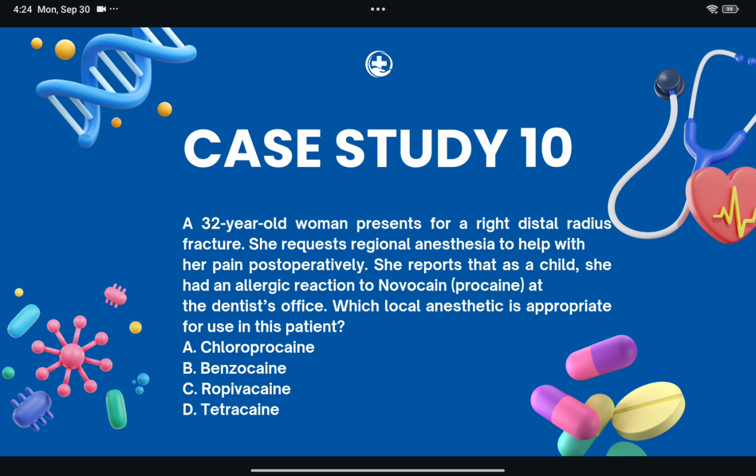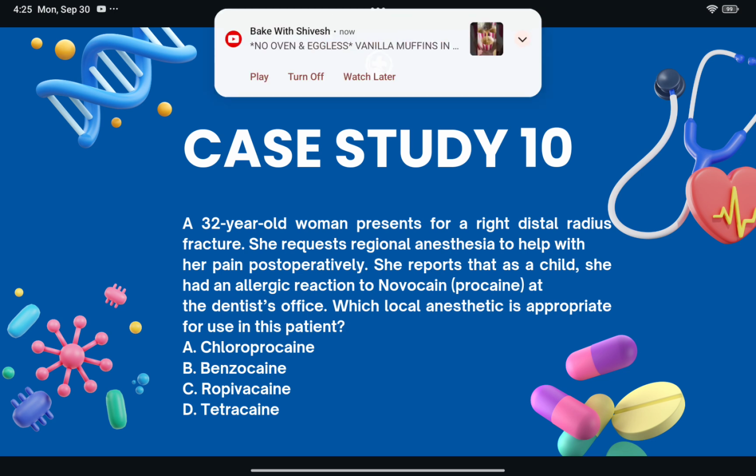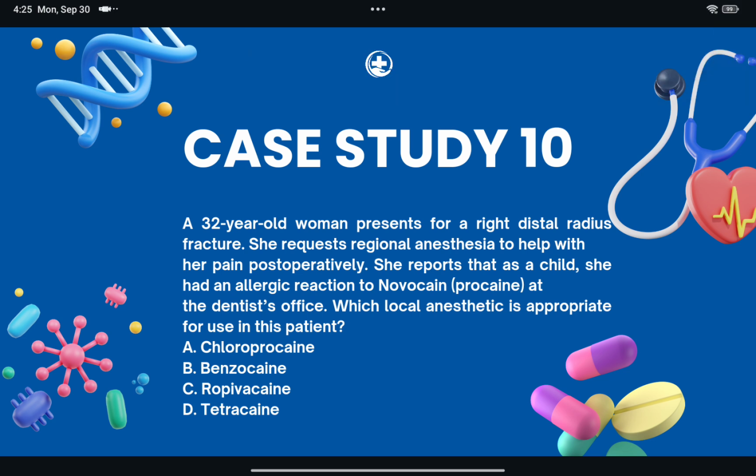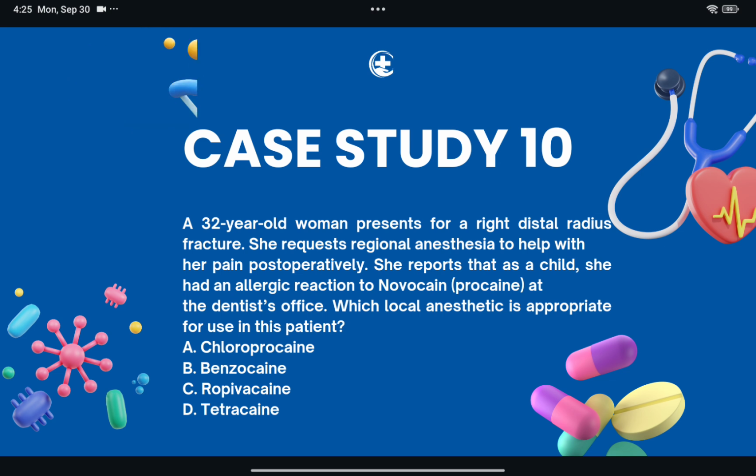Since the patient has an allergy, other ester anesthetics, which are chloroprocaine, tetracaine, and benzocaine, should not be used. Benzocaine is mostly used topically. Ropivacaine is an amide, not an ester, and it is used in regional anesthesia to facilitate peripheral nerve blockade. So option C, ropivacaine, is correct.